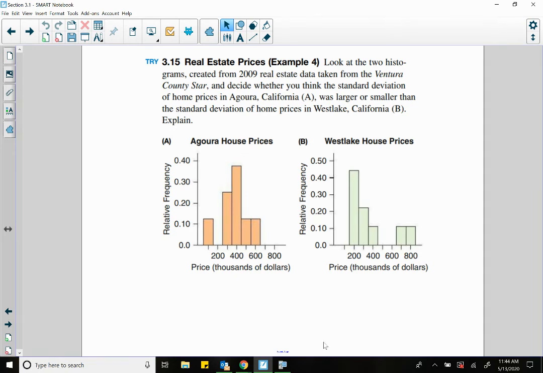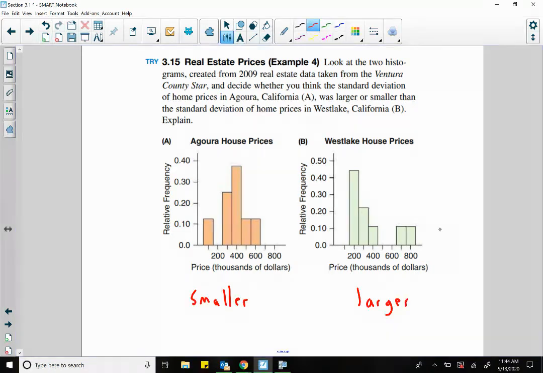So A has the smaller, which means that B would have the larger. This guy would be the larger one, because again, the data is more spread out from 200 all the way up to 800. And there's a large gap here. It's not close together. You've got a little bit of a gap here, but not as large of a gap right there. So there's more variance over here.